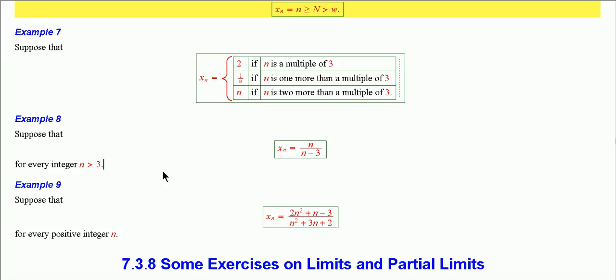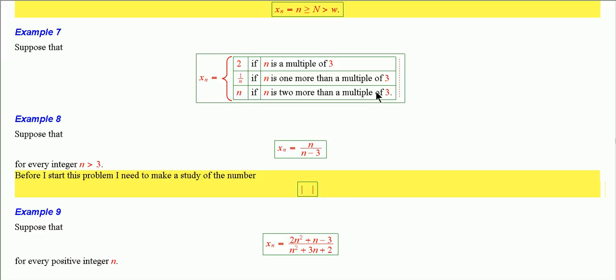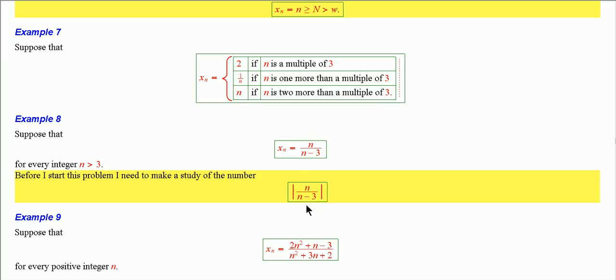Okay, before I start this problem, I need to make a study of the number absolute value of n over n minus 3 minus 1.